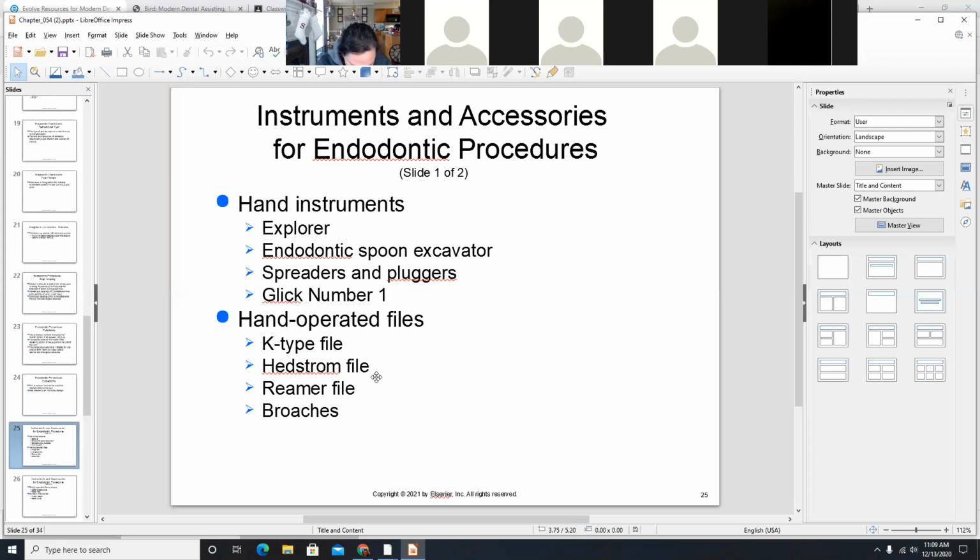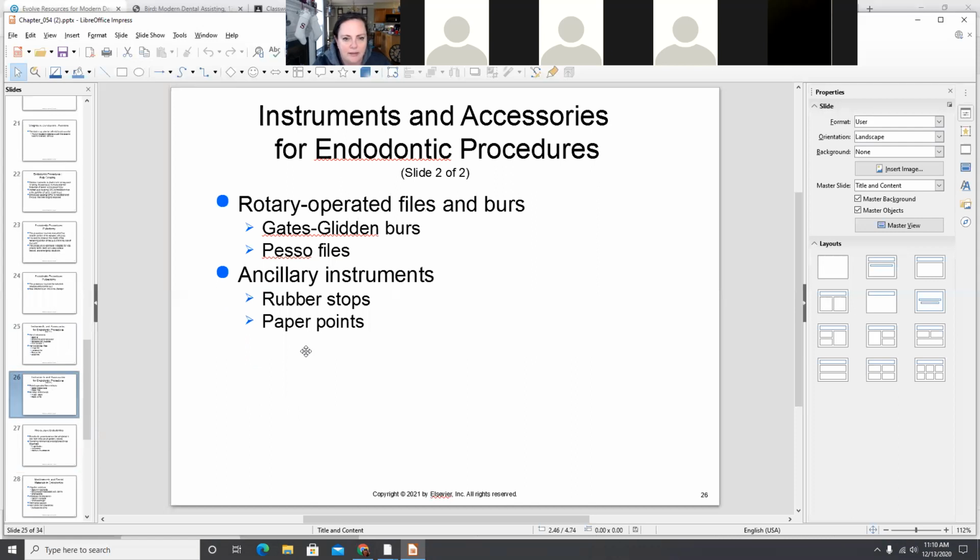And then brooches, basically, if you turn the page, a dental brooch has little hair-like metal points coming off of it to kind of grab the pulp and pull it out. Okay. But these are all different types of files that are used in endodontics.